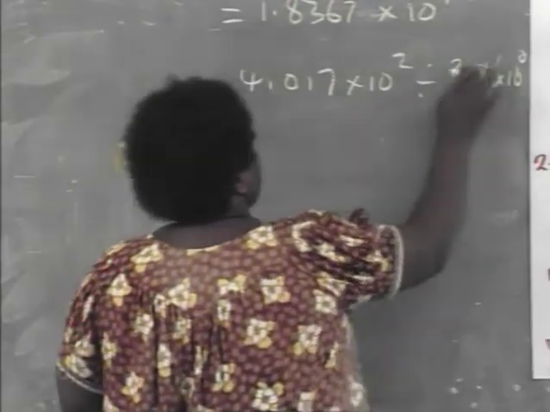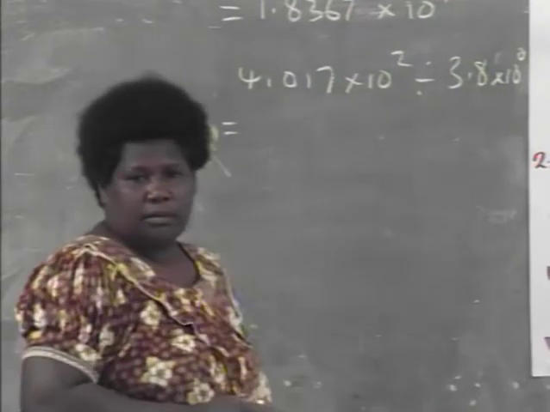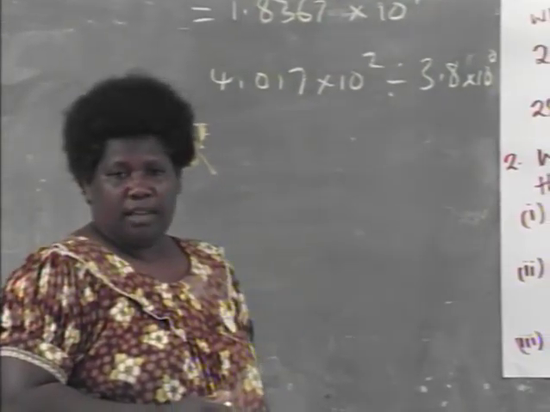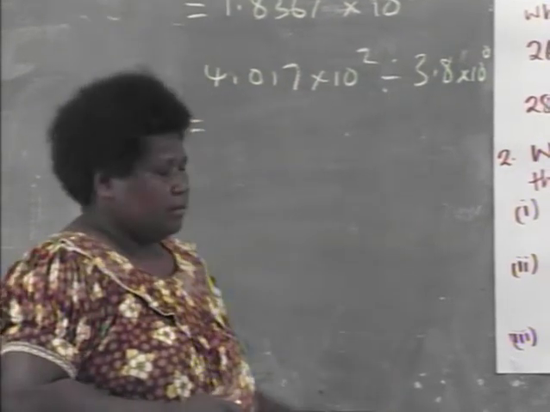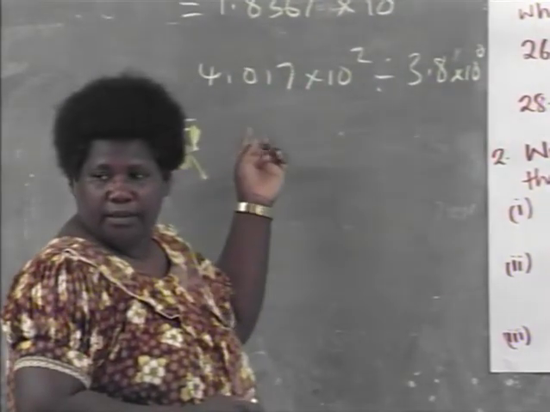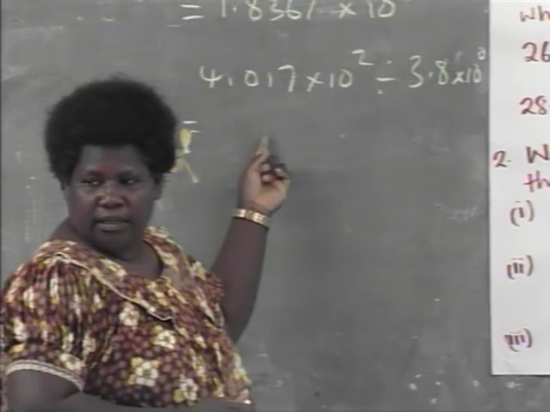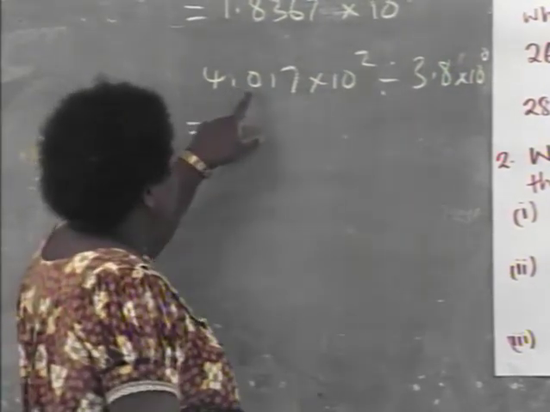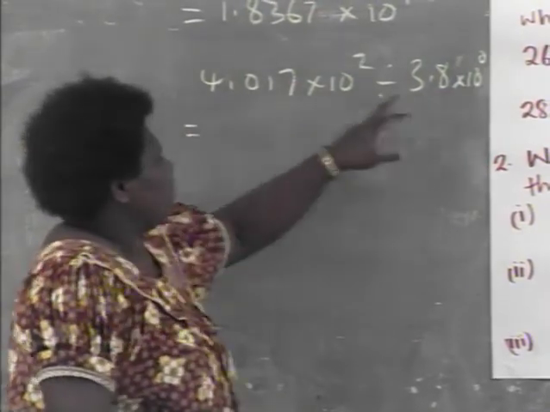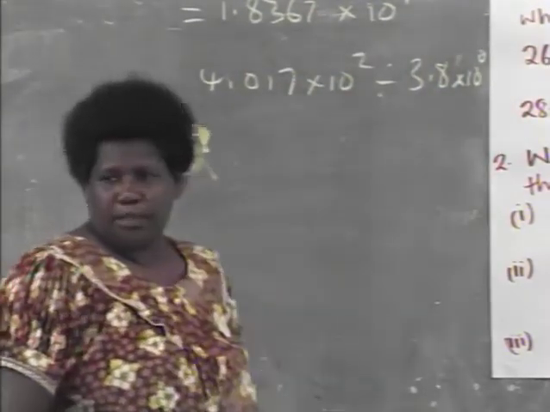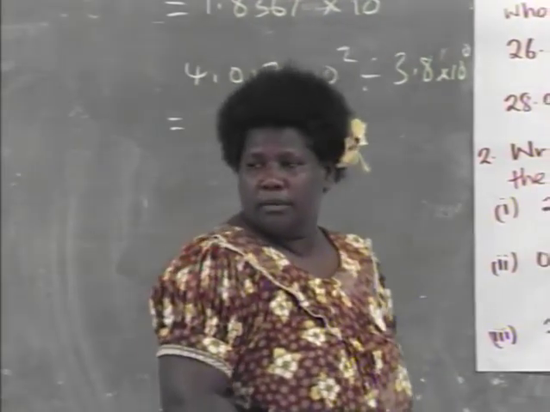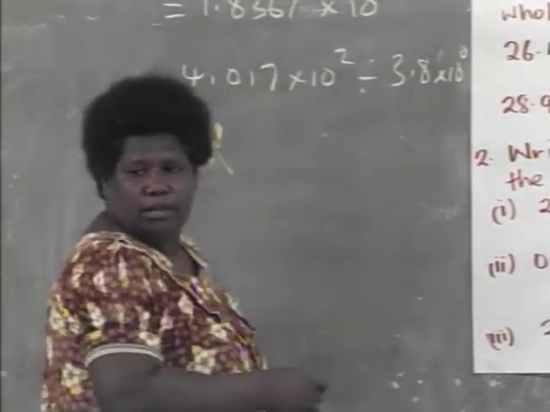Okay, Velma. You added. Okay, let's just see those people who divided. Livingston, did you divide again? Okay, see if you can give us your answer. Somebody check. All you have to do is divide 4.017 by 3.8 and then subtract the indices. Use the mic.